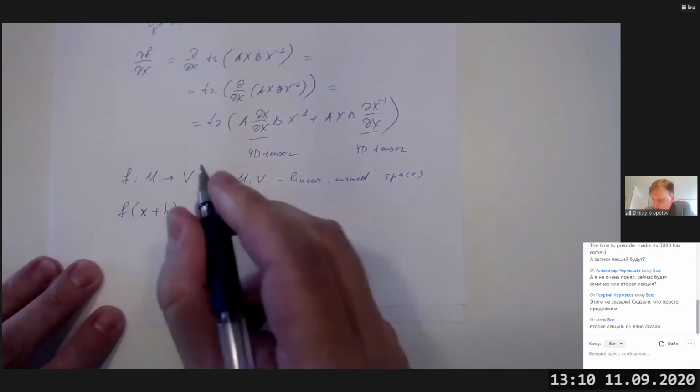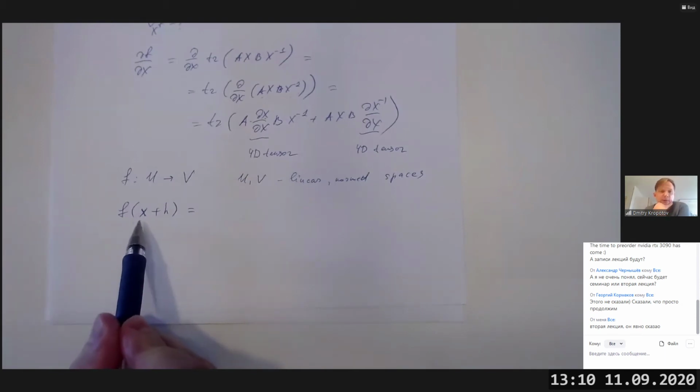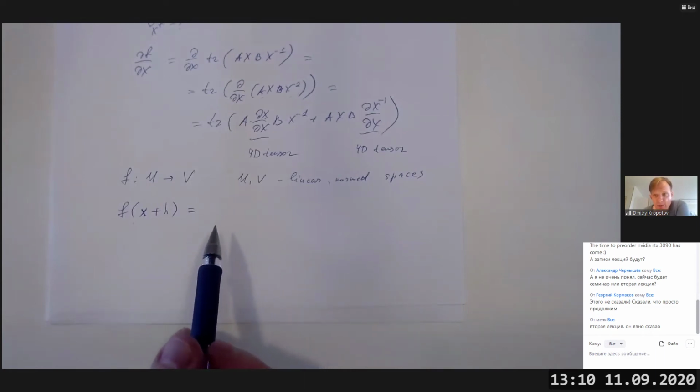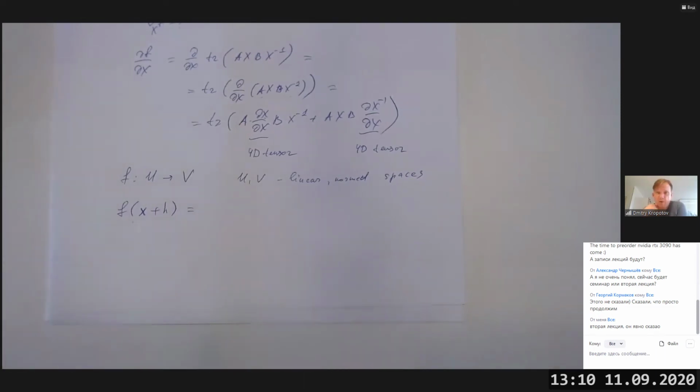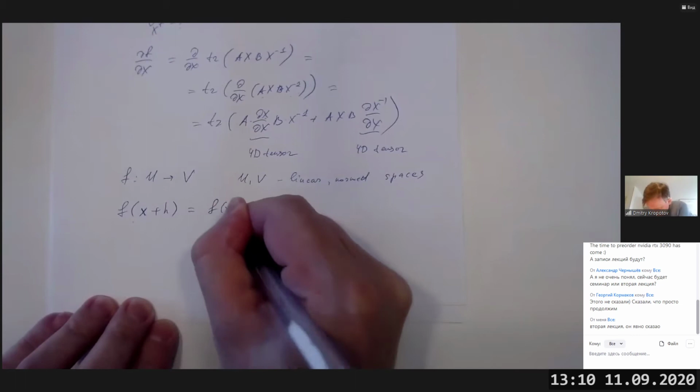And then let's consider this thing. We consider our function f at point x plus some increment h. And if our function is differentiable, it means that this thing can always be represented in this way.